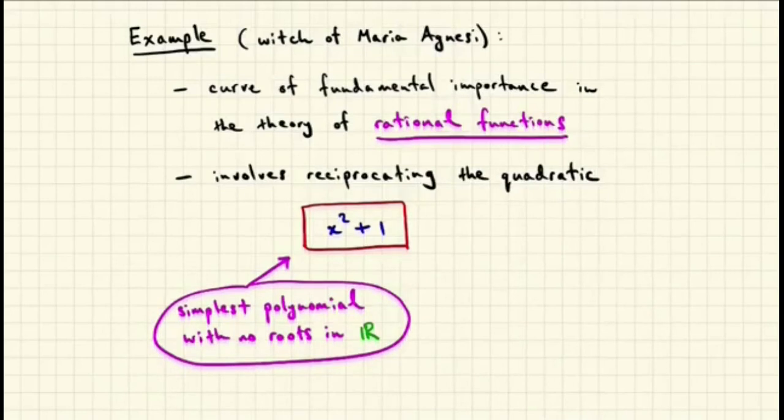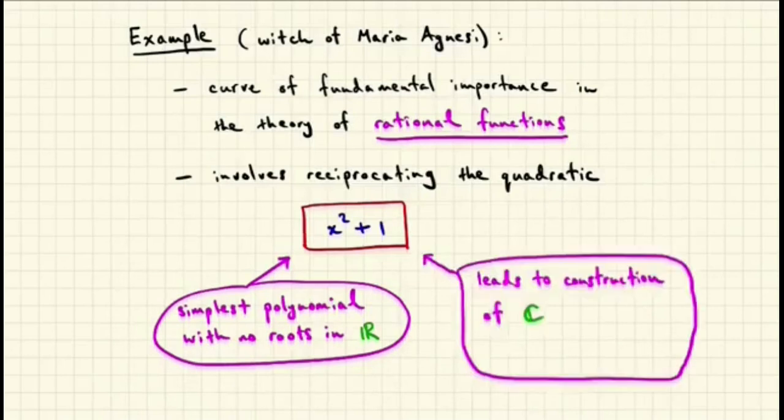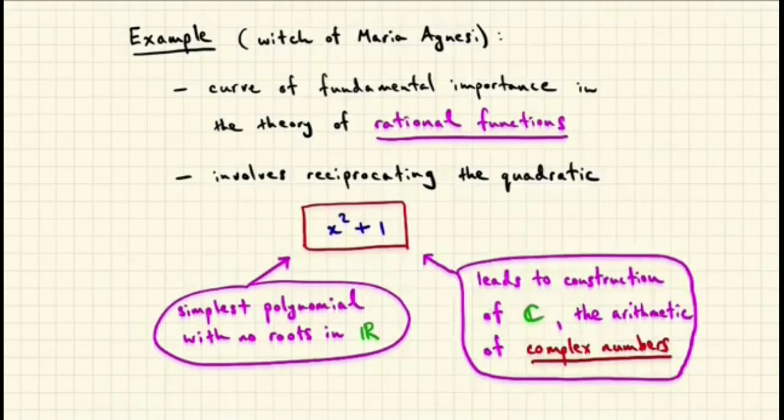In fact, this innocent and unassuming quadratic leads to the construction of the arithmetic of complex numbers C, with quite remarkable properties, which I hope you will learn about in more advanced courses in mathematics that follow on from this course.